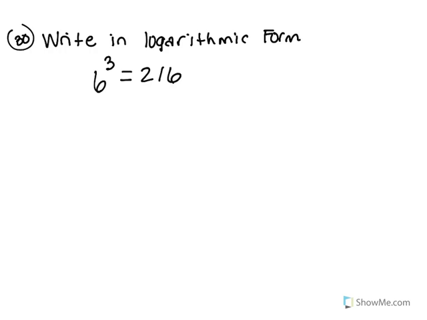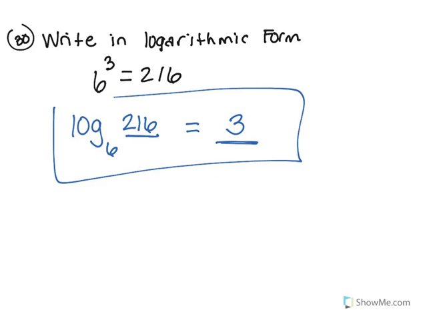So to do that, you're going to have log, your base number is the subscript number, and you have to put a number here equals a number here. So the 216 would go in that blank, and the exponent of 3 would go in the blank on the right side of the equal sign. And that would be the correct way to write that as a log.